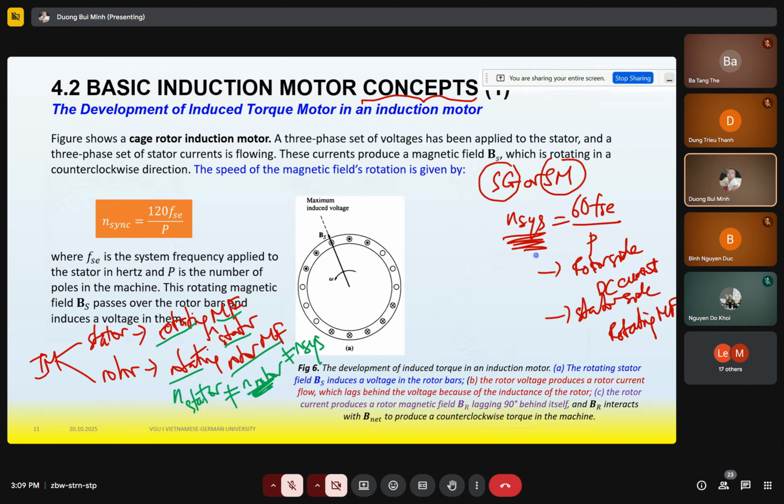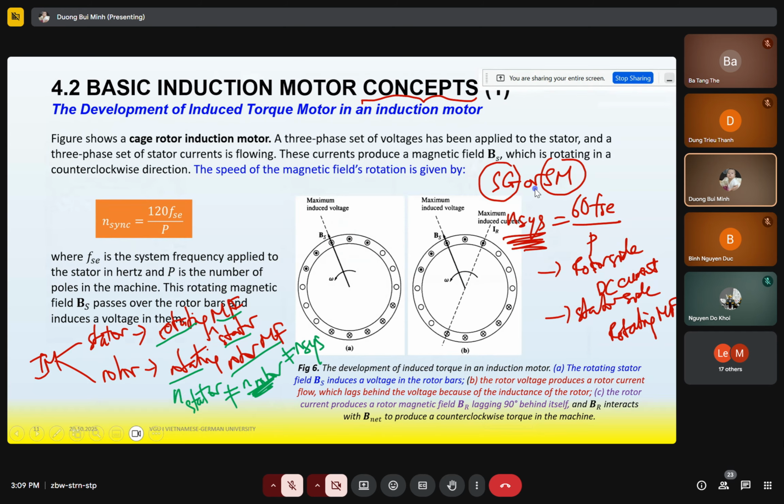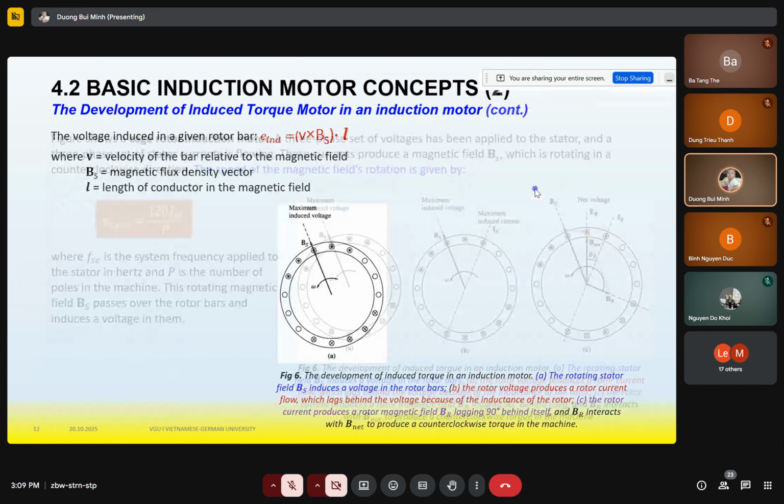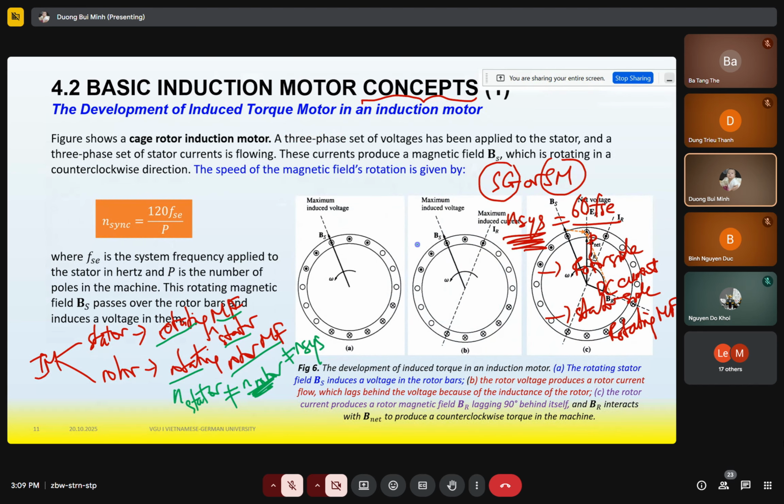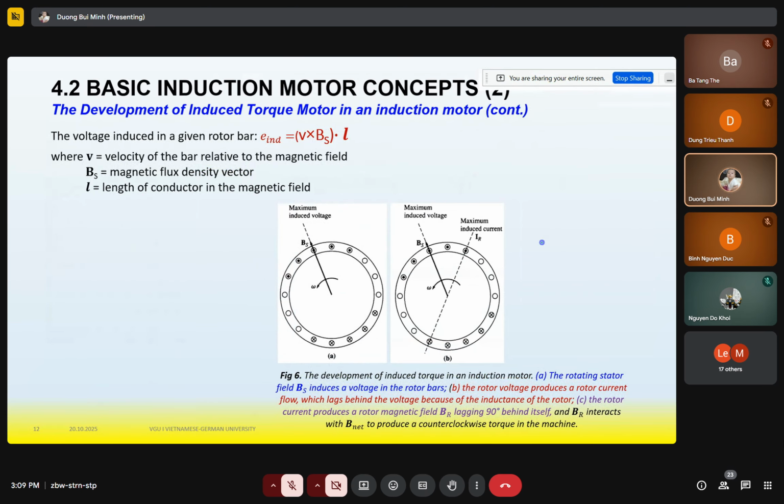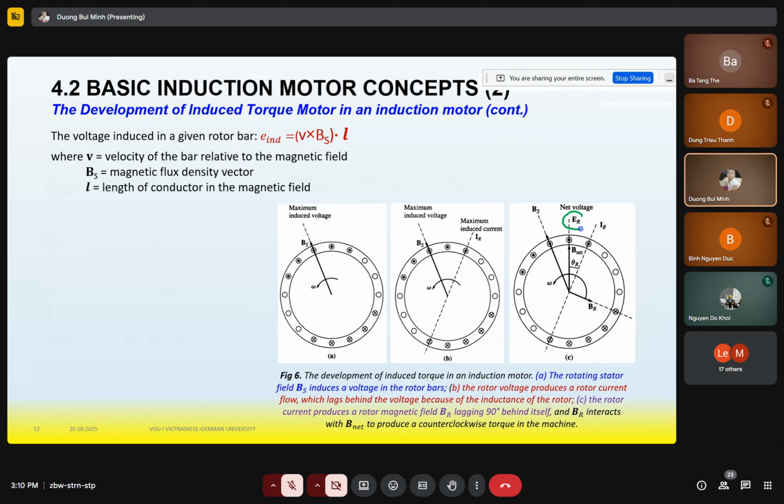Here you can see the stator rotating magnetic field B_S. If the stator magnetic field goes across the rotor winding, we can get an induced voltage E_R.